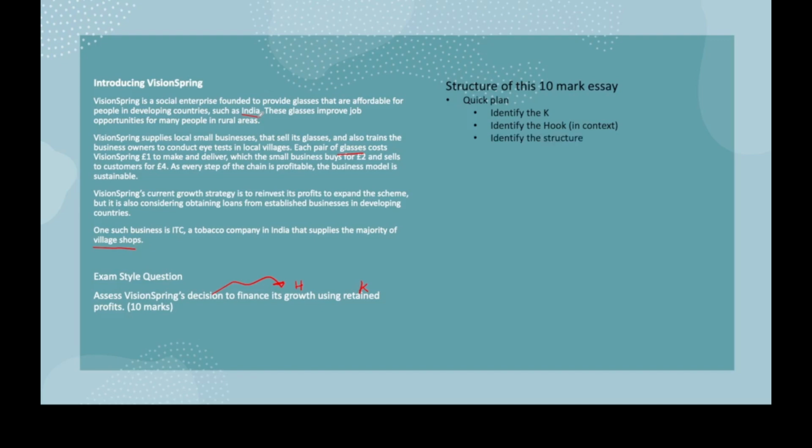We're then going to think about the structure. Now, this is a 10 marker. Now, there are 2 different ways that we might write this, depending on the question. So I'm going to go through the structure of this 10 marker, and it's 2 simple P paragraphs, one in favour of the decision, one against the decision, really saying that something else might be better, and then answering the question, and then justifying my answer.